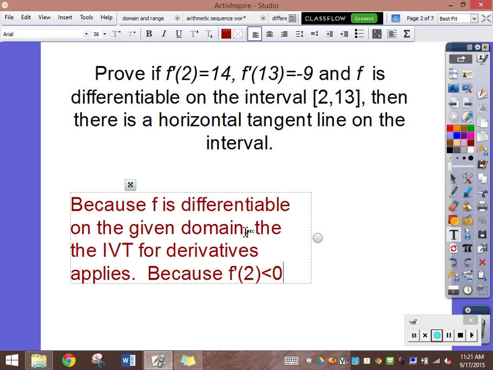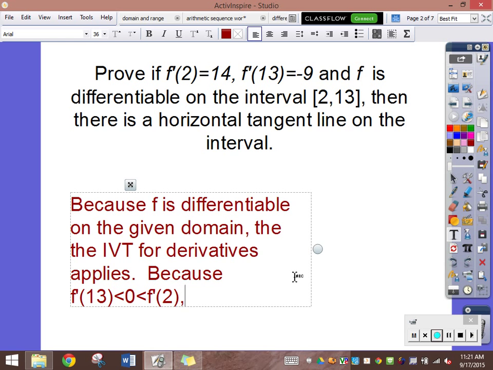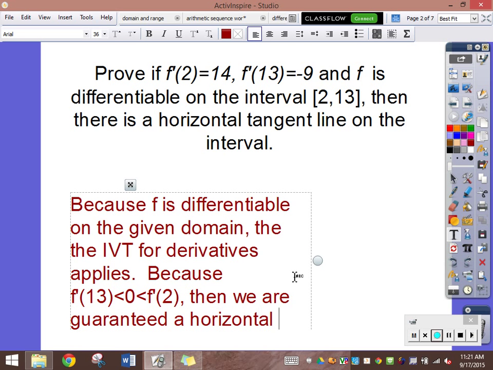Oh, no, f prime of 13 is less than 0, and 0 is less than f prime of 2, then we are guaranteed a horizontal tangent line.